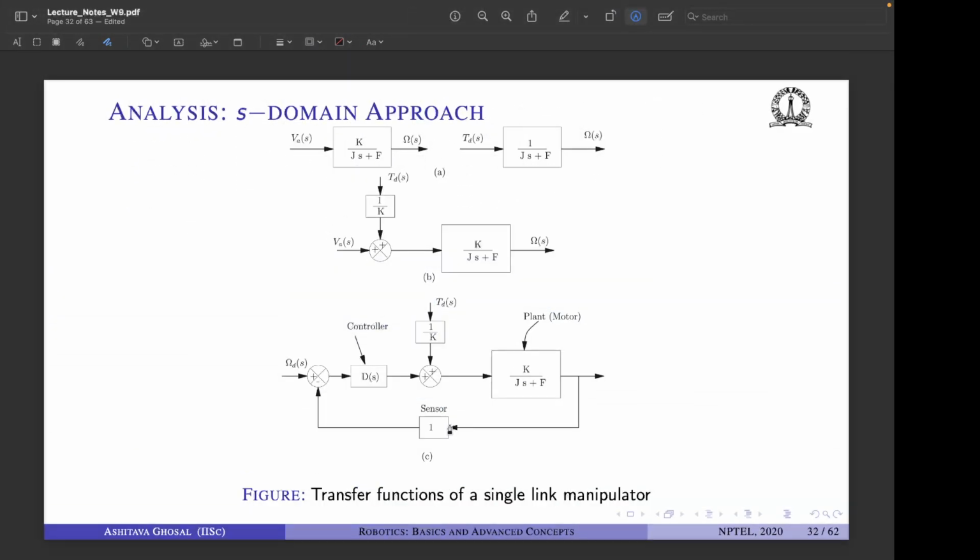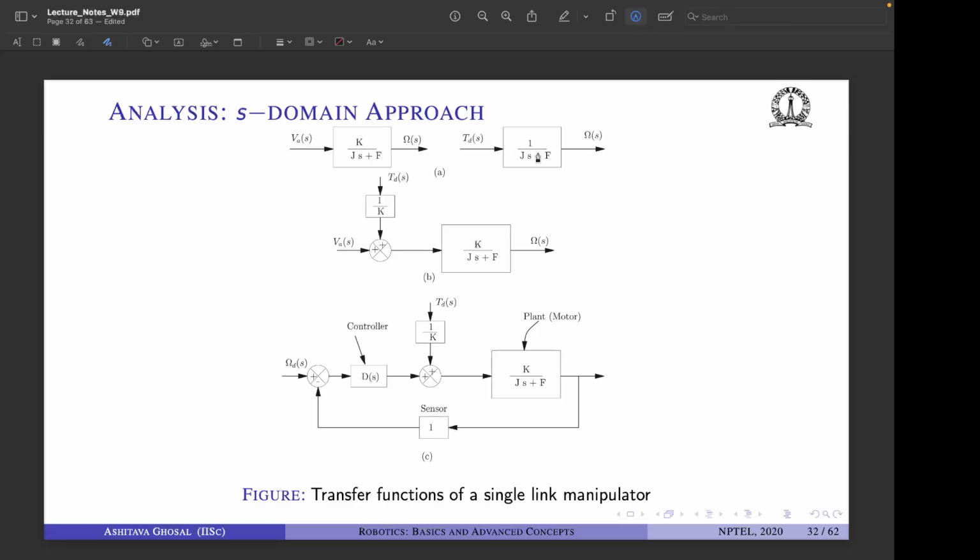Now the expression that we are writing mathematically shows the relation between the input, that is the applied voltage, and the output, that is the motor speed, the angular velocity of the motor, right? This is the block which relates the input to the output. So Va when multiplied with k by Js plus f gives us omega(s).